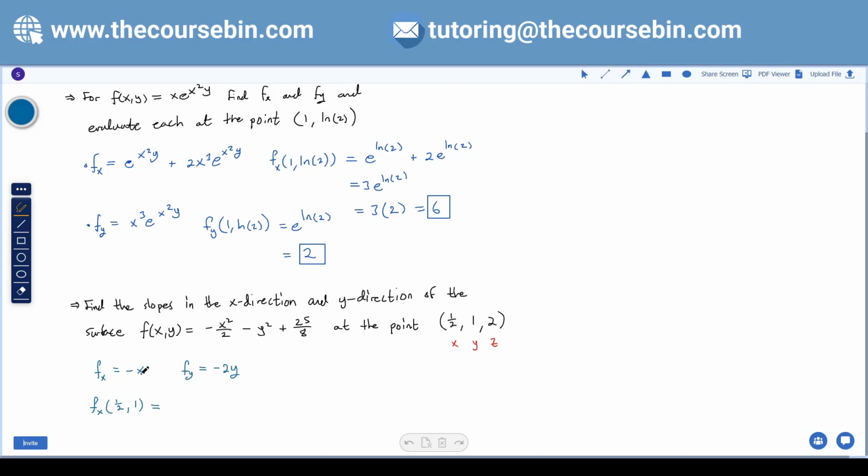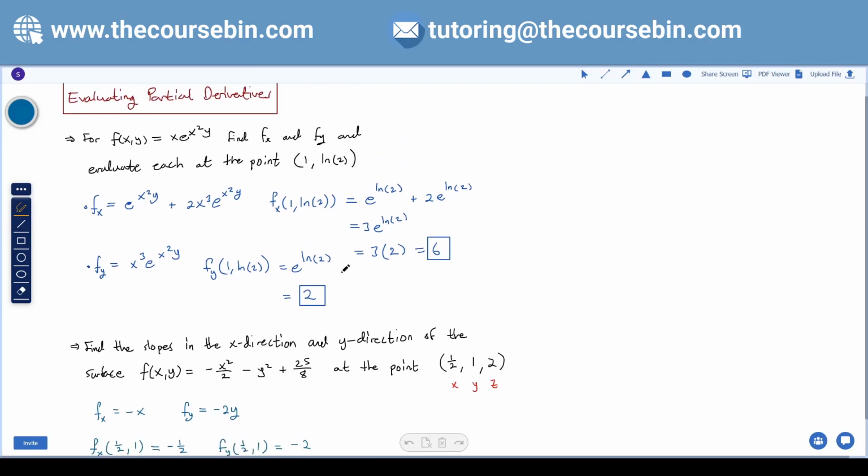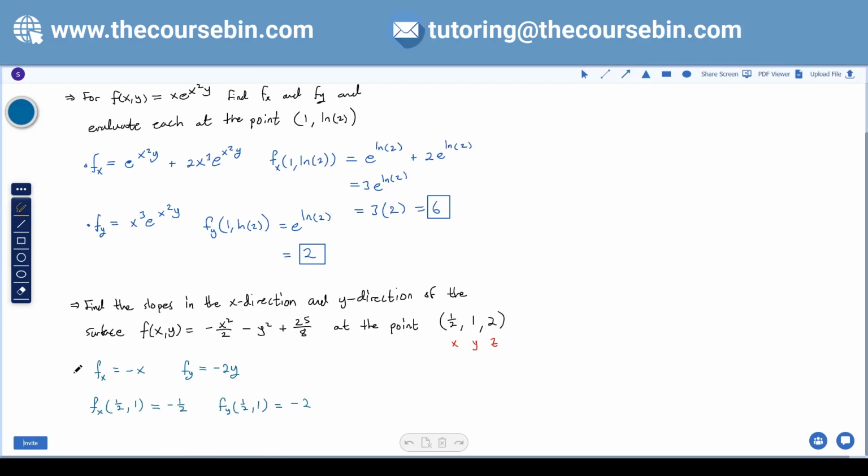When x is 1/2, we just get negative 1/2. Now we do the same thing with fy when x is 1/2 and y is 1. Now we only have y's involved, so we just substitute our y directly, and we get negative 2. So first you calculate your partial derivatives, then you substitute in the points they gave you.